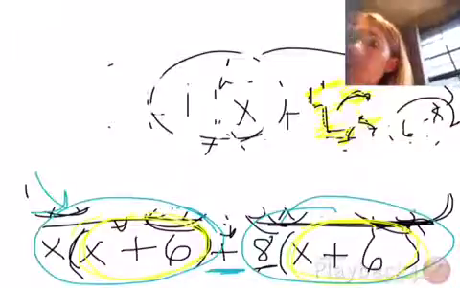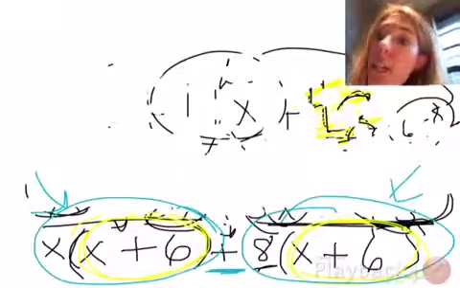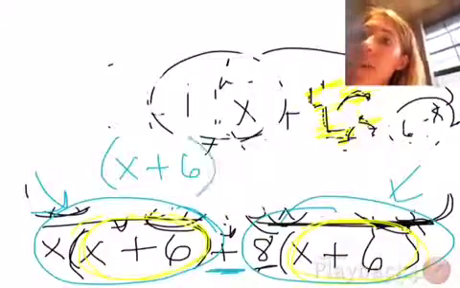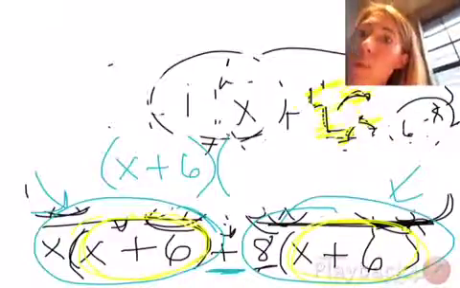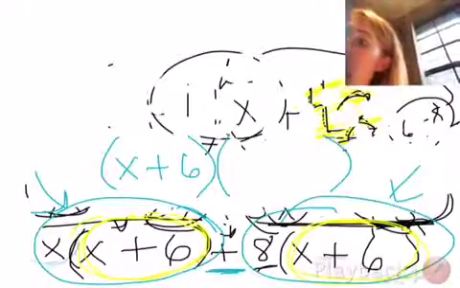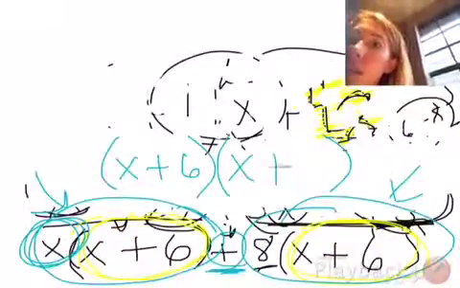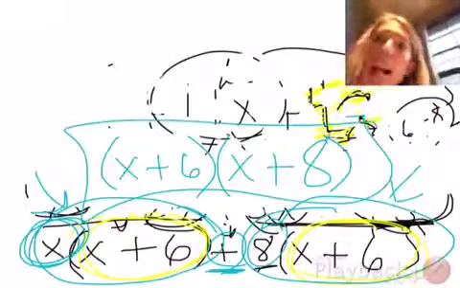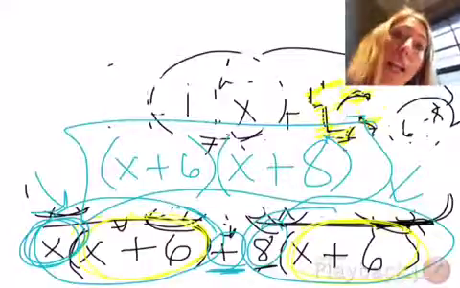And this first term and this second term have one factor in common, and that is the quantity x plus 6. So now if I factor that out, what do I have left over? I have this x, the plus sign, and the 8. And there I have it in factored form: the quantity x plus 6 times the quantity x plus 8.